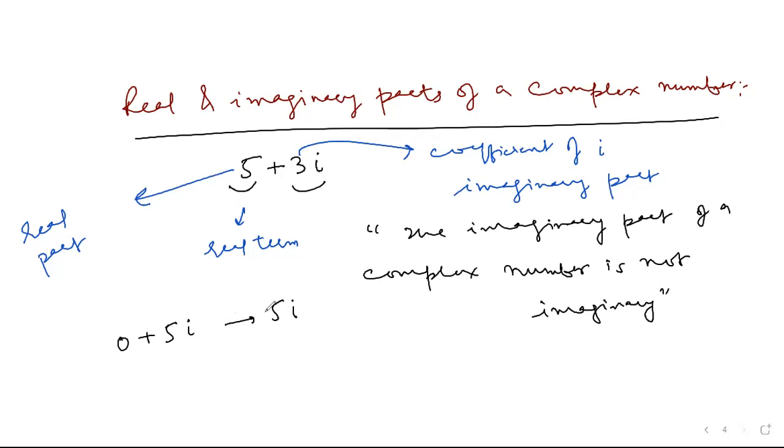So 5 iota is pure imaginary. Now, if the imaginary part of a complex number is 0, the number is real. We write 7 plus 0 iota as just 7. So complex numbers then include both real numbers and pure imaginary numbers as special cases, right?